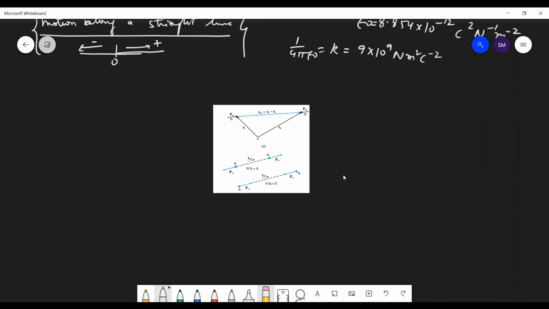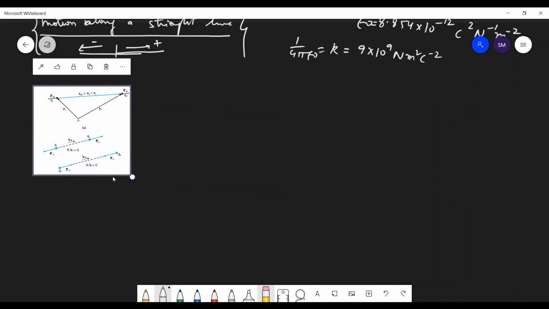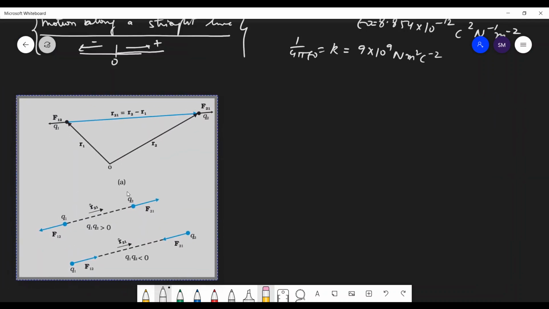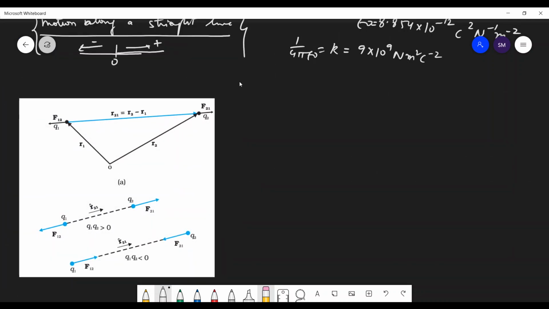You can clearly see in this figure that these are the charges Q1 and Q2.